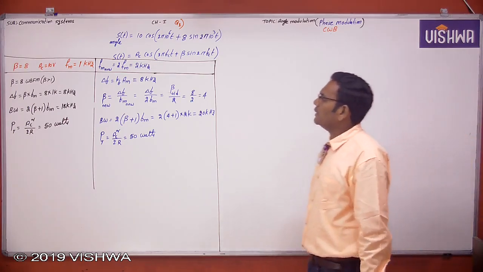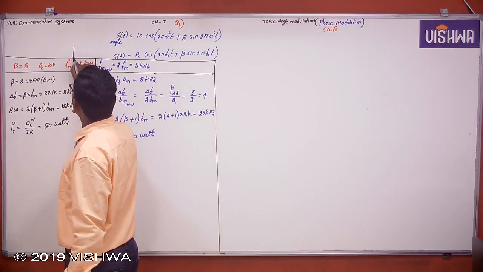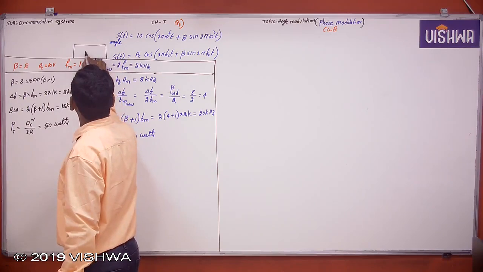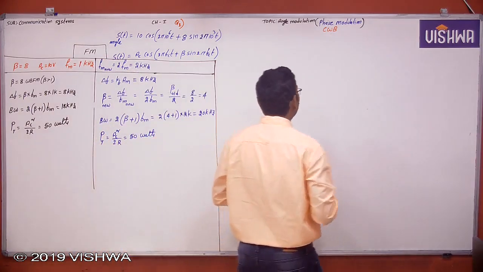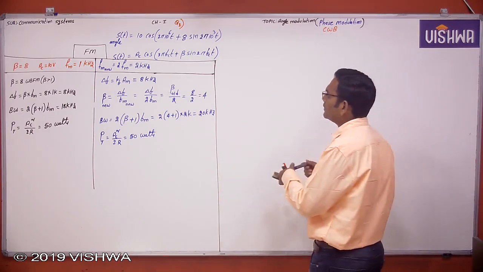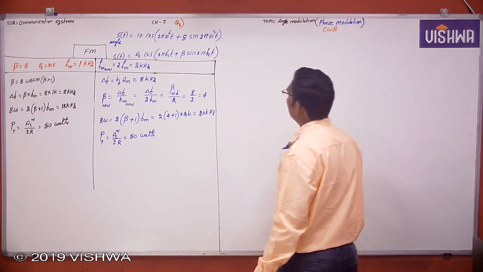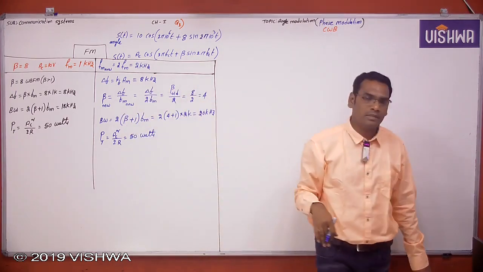Now he is asking: I treated this as an FM signal and we did all these things. Now you treat the same signal as PM and calculate all these things. First you note down this and we'll repeat the question.